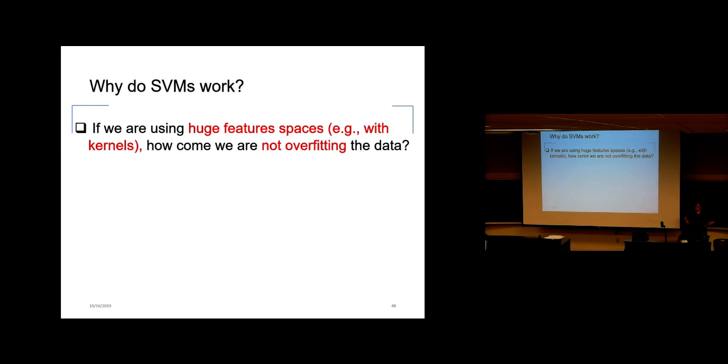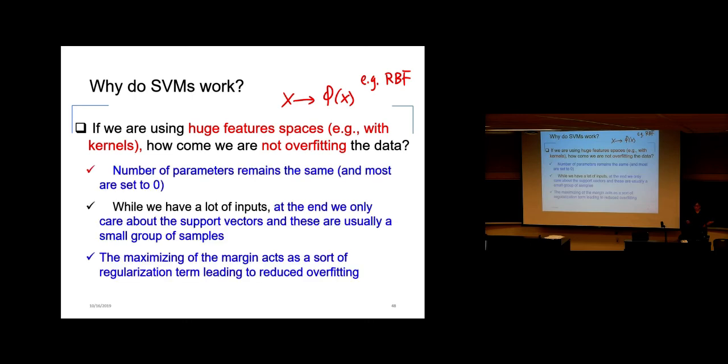X to phi(X), in the RBF case, goes to infinite size. It's very easy to think about the bias and variance trade-off, right? You have such a flexible model, using this infinite-size space to represent my point. Why not overfitting? The reason is, even though it's a huge feature space, the number of parameters remains the same.